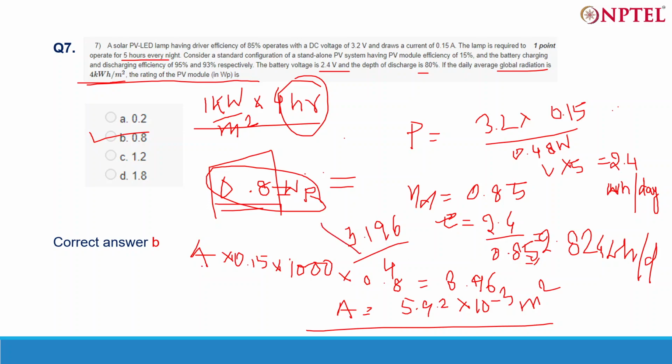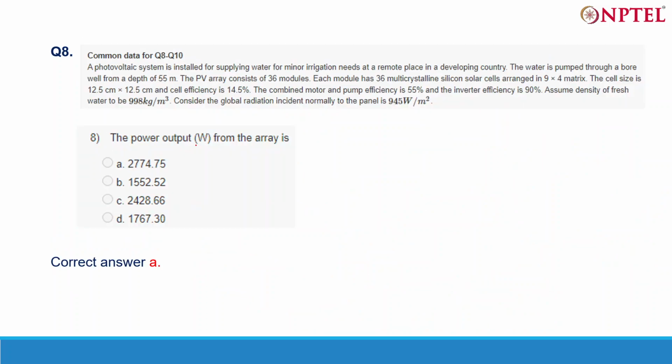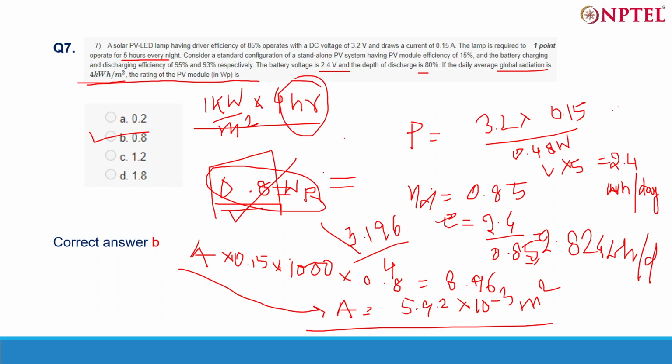I have also calculated the area of the PV module. This is the correct answer, 0.8. Okay, so let me erase and then I will try to repeat it.